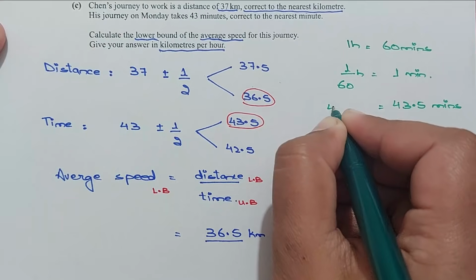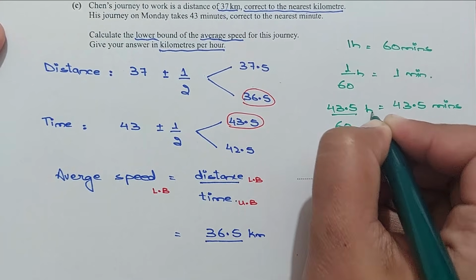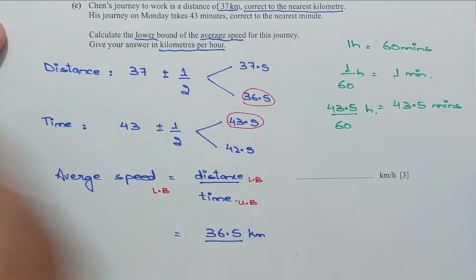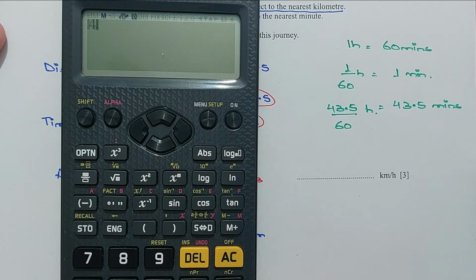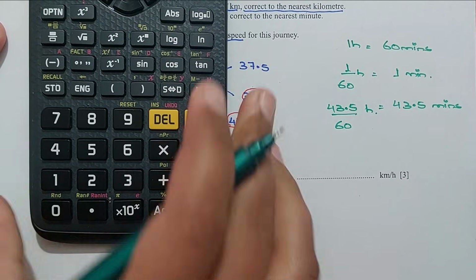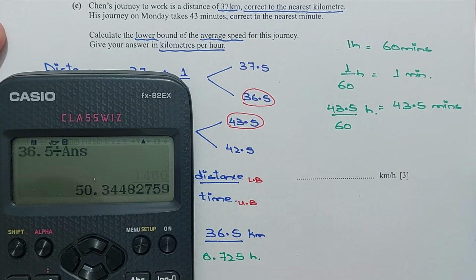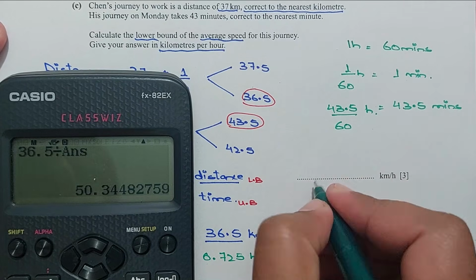This would be 43.5 divided by 60 hours, right? 43.5 divided by 60, this many hours, 0.725 hours, right? So 36.5 divided by this answer, 50.3 kilometers per hour, right?